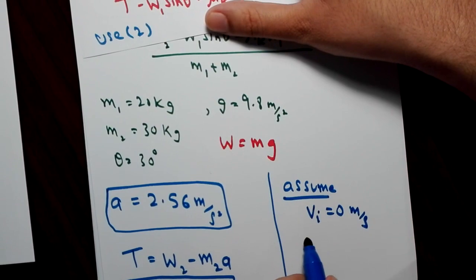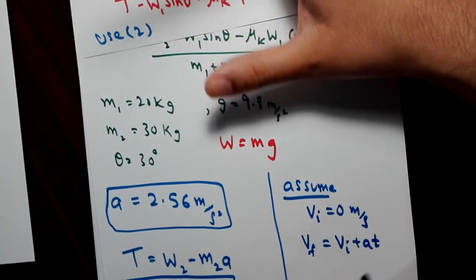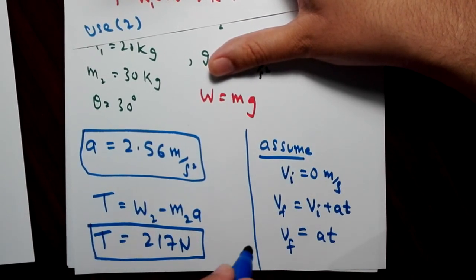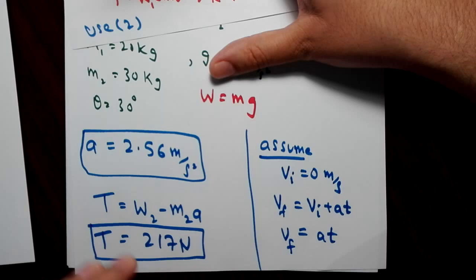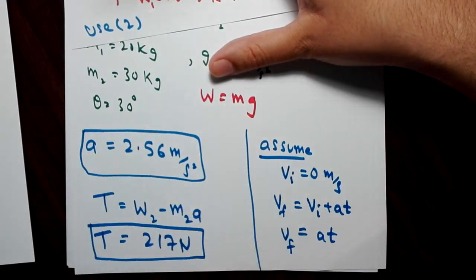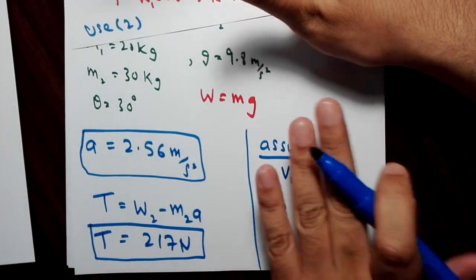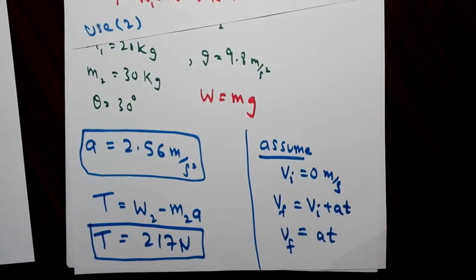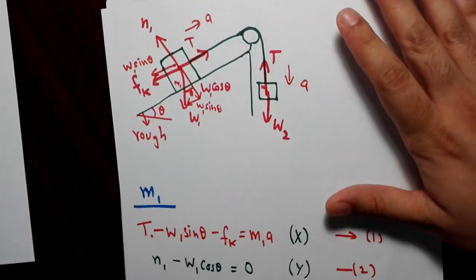Then you can use Vf equals Vi plus at to get the velocity of the system after time t. We don't know these numbers, so this is just an example of how you can go forward if you know the acceleration and someone asks you the velocity after time t. So this was this system, a very interesting system.